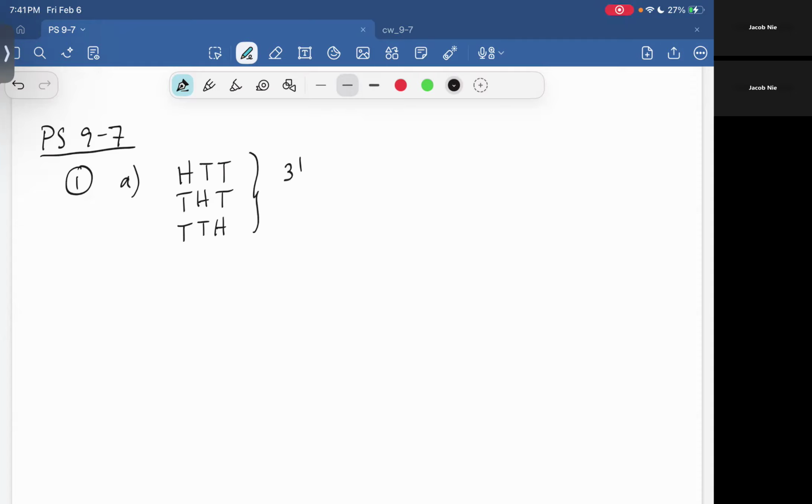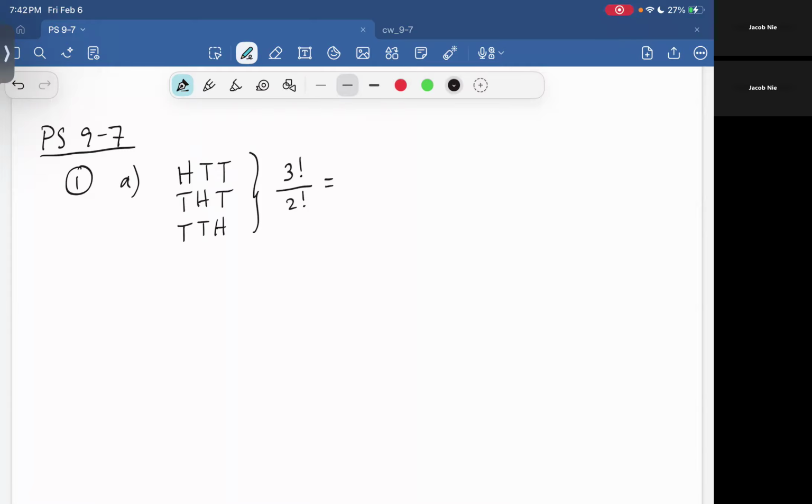That's 3 factorial over 2 factorial, because this is essentially the number of ways to order the word HTT, and T is duplicated, so that's going to be double counted. You can also think of it like this.